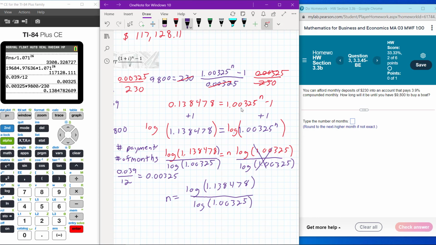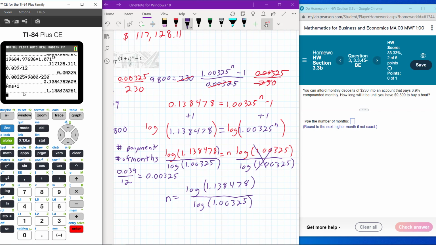So what we can do is take advantage that the more exact number is right here. I can add 1 to that, plus 1. And that gives me the more exact version of this, okay? And now I can do log right here, and then I can highlight that number. There it is. Hit enter. Close the parenthesis.